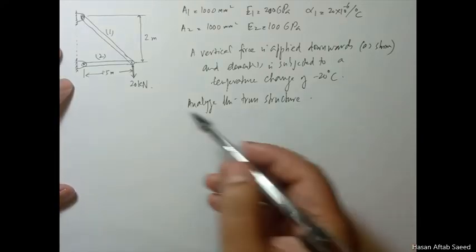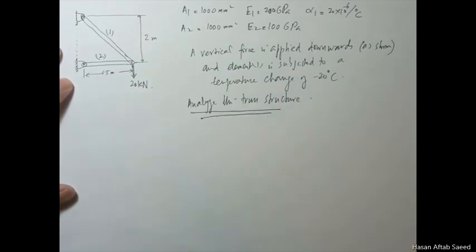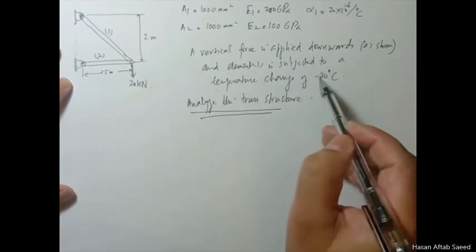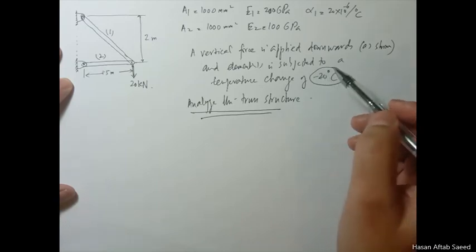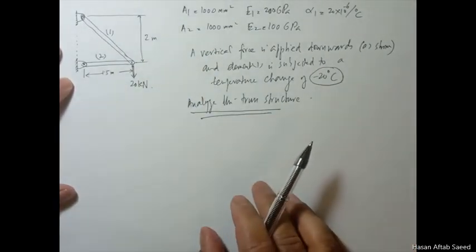It's a similar problem, but you still need to calculate the strains and stresses. But here element 1 is subjected to a temperature change of minus 20 degrees centigrade. There's no temperature change in element 2, so in at least one of the elements you have to consider the force term.